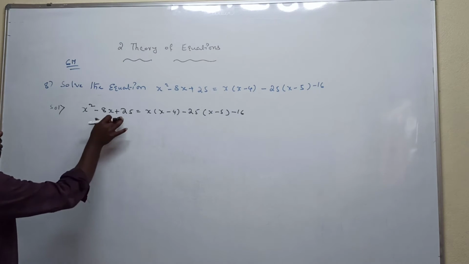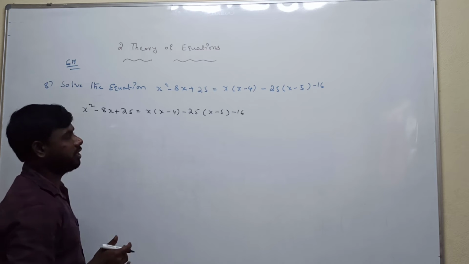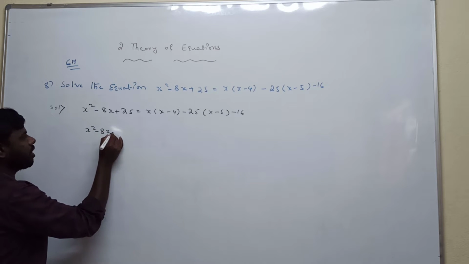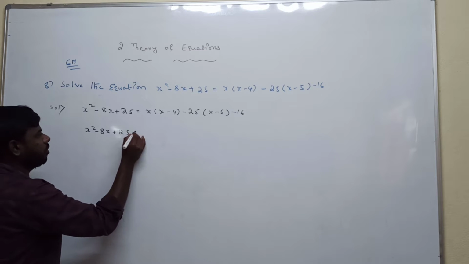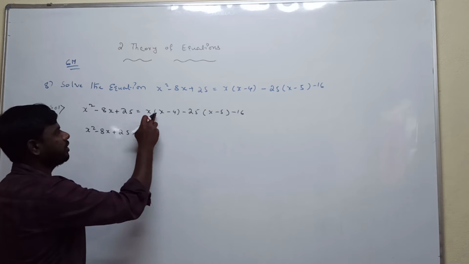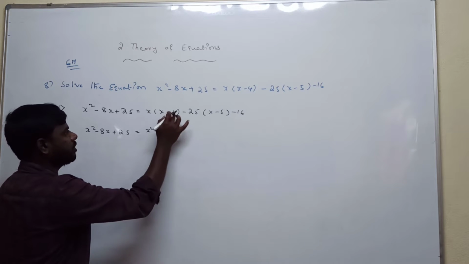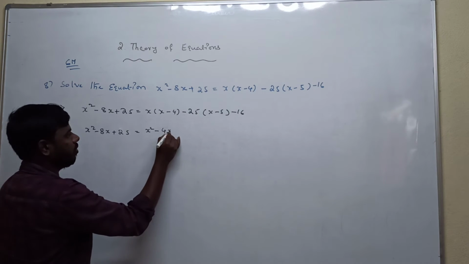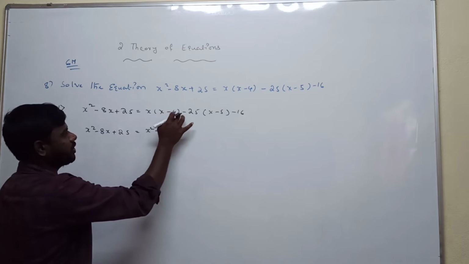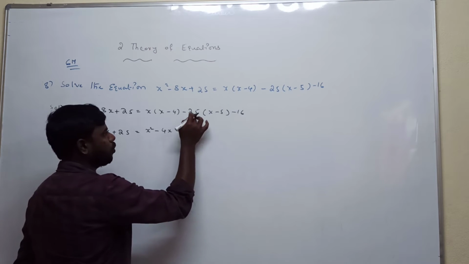Now write the left side equation as it is, and simplify the right hand side. Left side: x square minus 8x plus 25 is equal to, now simplifying the right hand side: x into x is x square, minus x into 4 is minus 4x. Everyone understood this step? Next, minus into plus is minus, 25x.